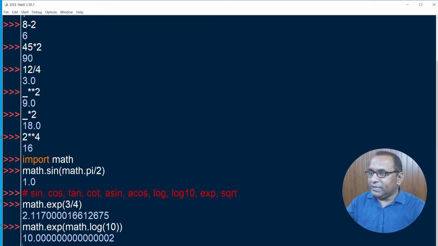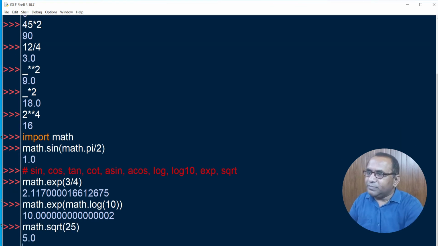If you want to take a square root, here we will use the module. First is math, then we have the square root of 25, and you know the square root of 25 is 5. Similarly, math dot sqrt, where sqrt means square root.